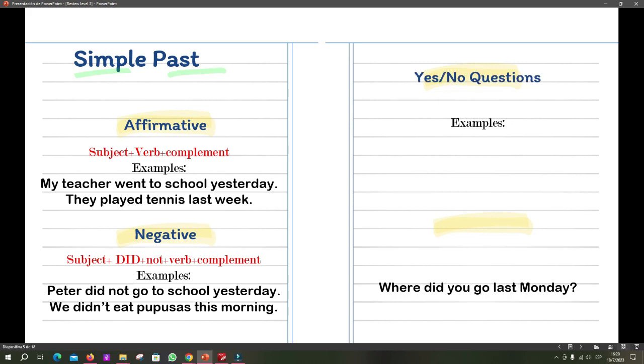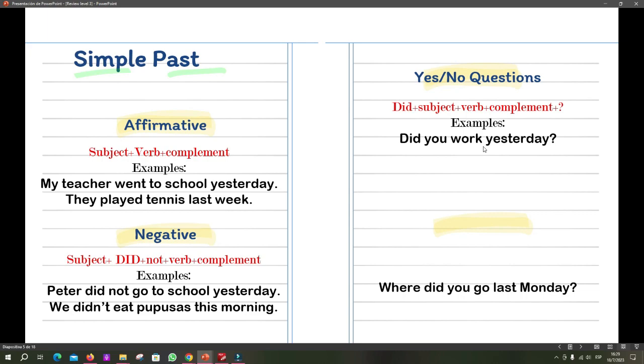What about just yes/no questions? Did plus the subject plus verb plus the complement and question mark. Examples. Did you work yesterday? This is a yes/no question, right? First, you are going to have here the auxiliary in past, did, the subject, and then the verb.